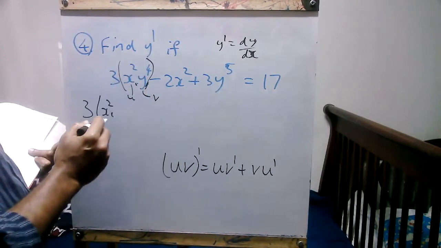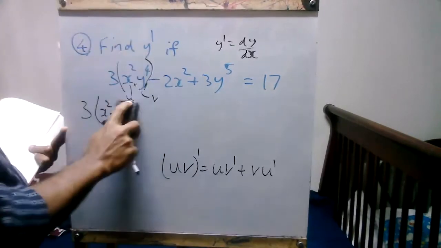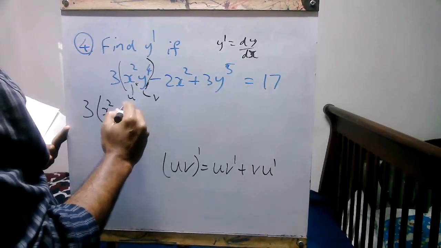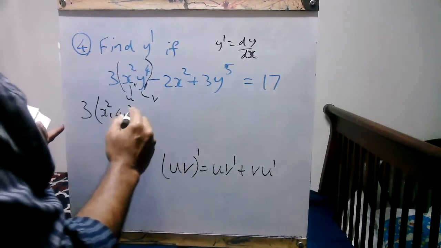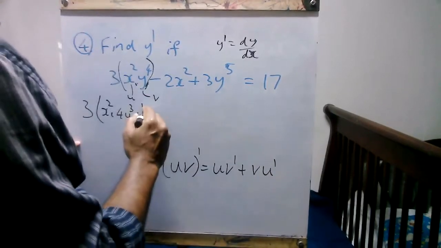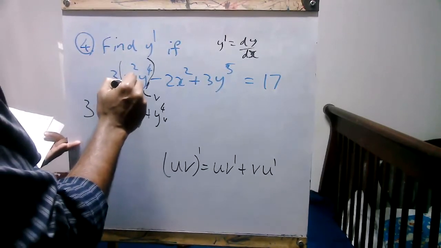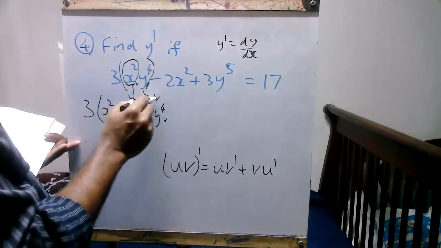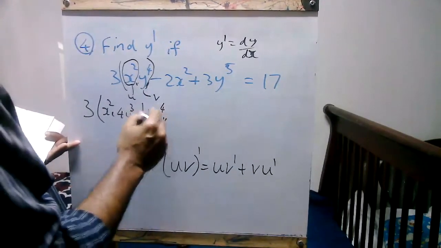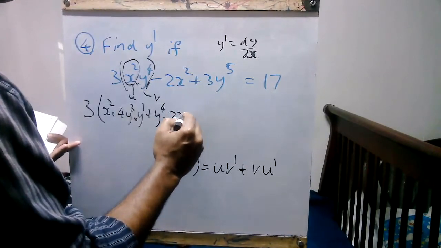u times v prime: x squared times the derivative of y to the 4 with respect to x, which is 4 y to the 4 minus 1, that is 3, times y prime, then plus y to the power 4 times the derivative of u, where x squared is u and y to the power 4 is v, multiplied by 2x, right?